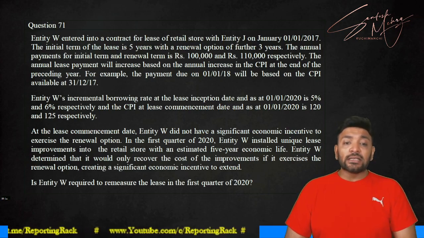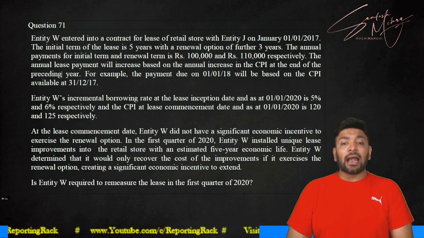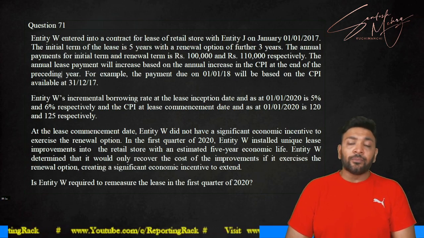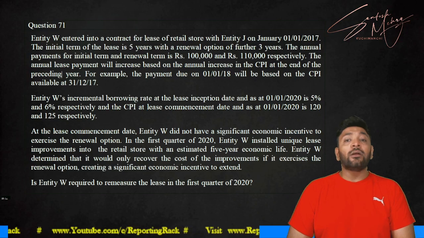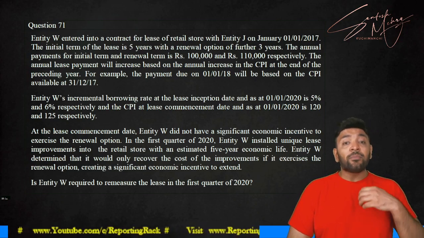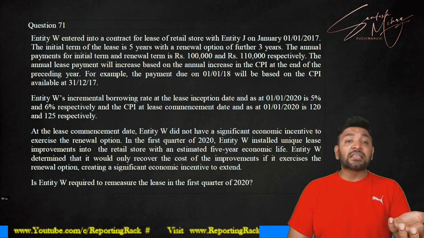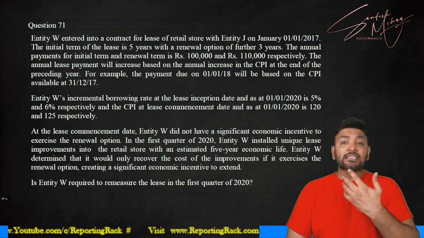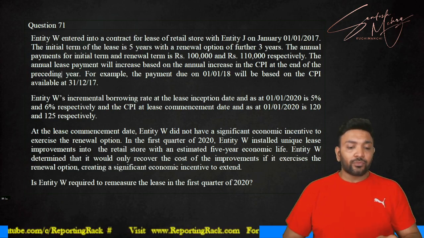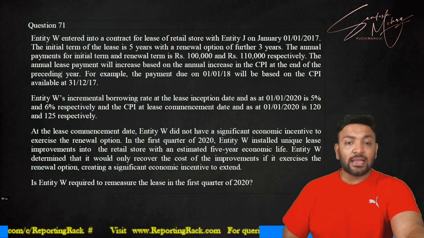Now, is W required to remeasure the lease liability at the first quarter of 2020? Yes, it is required to remeasure because it has become reasonably certain that entity W will extend the renewal option. So first, let us start with that.